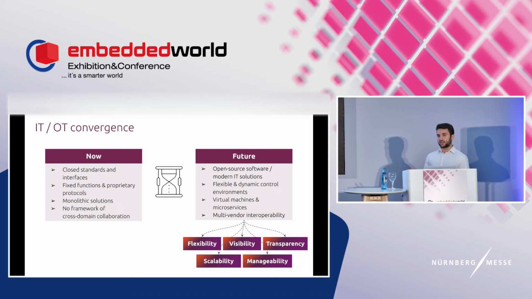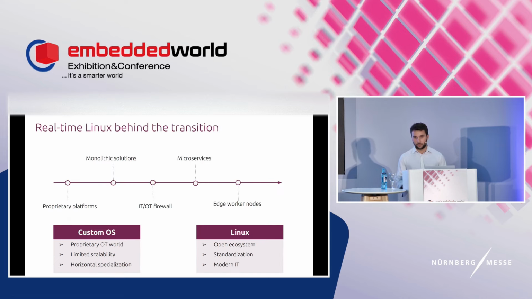The convergence is calling for a transition from closed standards and closed interfaces toward the increased adoption of open standards and open source software, with Linux. And this is where we see real-time Linux playing a role. In the market, we are seeing a big role played by real-time Linux in accelerating the industrial transformation.